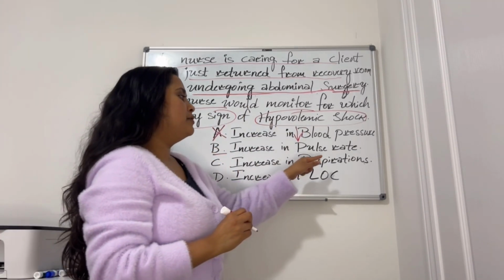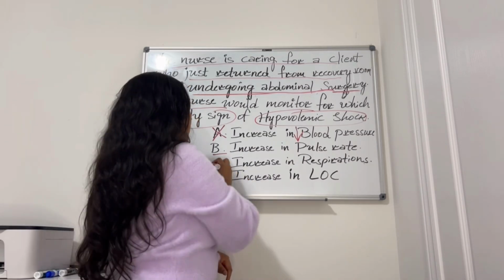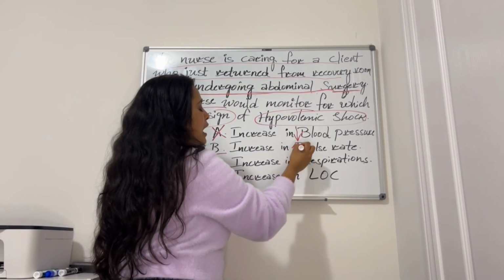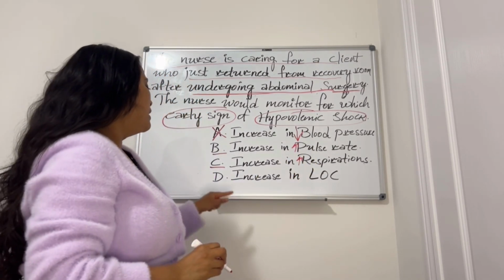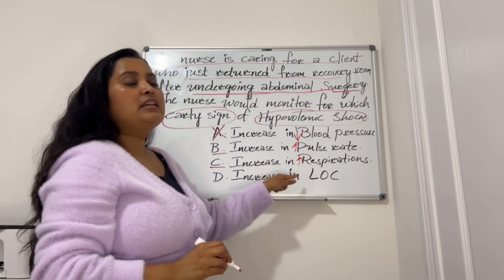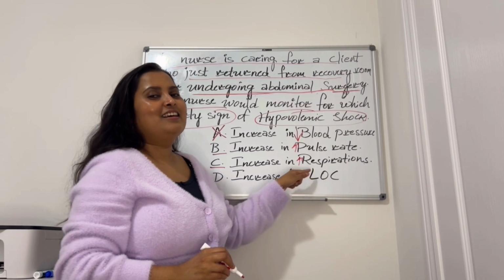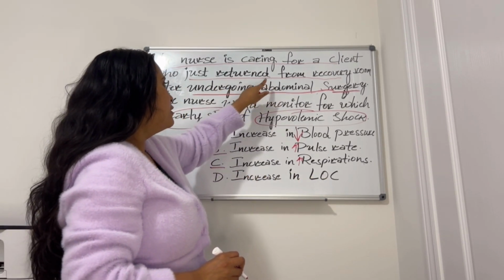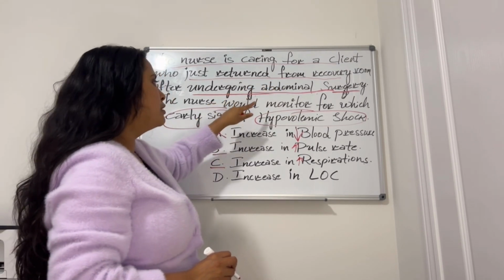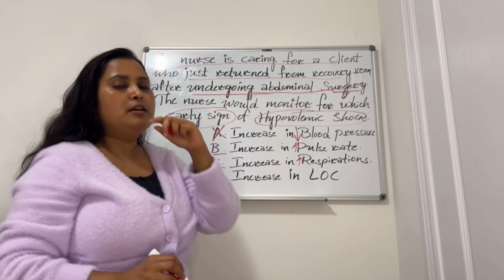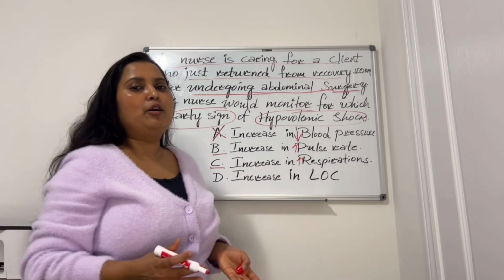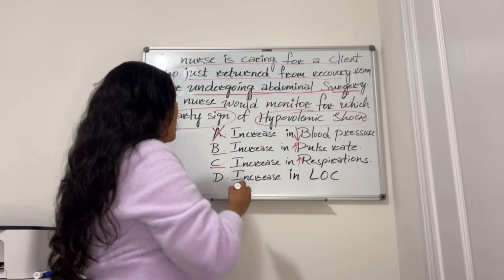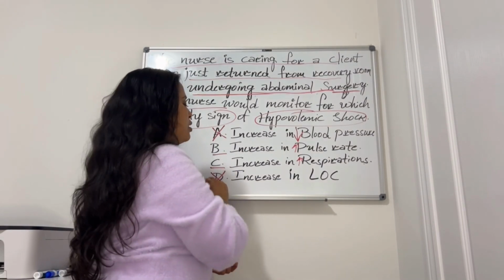C, increase in respirations. Yes, we do see an increase in respiration in hypovolemic shock. And option D, increase in loss of consciousness. This is not going to happen because the client has returned from recovery room after abdominal surgery, so he is not completely well oriented to the surroundings. So we're going to delete this option.